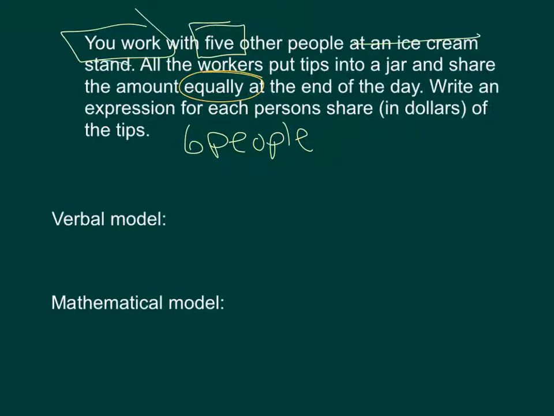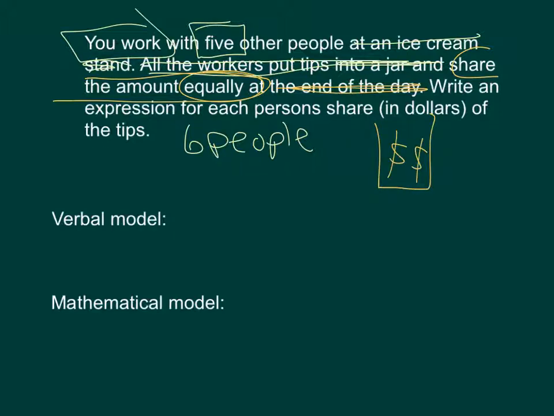We don't care about the fact that we're at an ice cream stand. We don't really care that the tips go into a jar, but we do care about the fact that we share them equally at the end of the day. Write an expression for each person's share of the tip. So verbal model. What's going on here? Well, we have a whole bunch of money in a jar. I'm going to draw a little picture here with money in the jar.